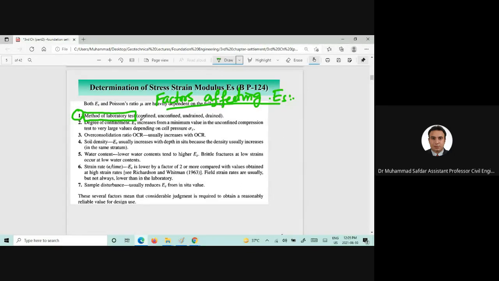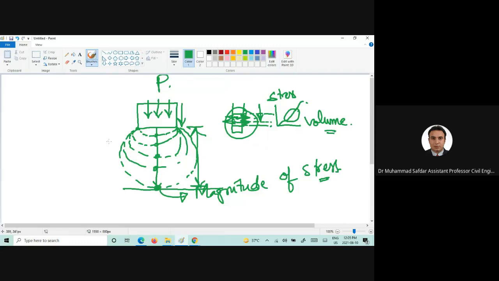If the soil in the lab is confined, we will obtain a stress strain behavior.